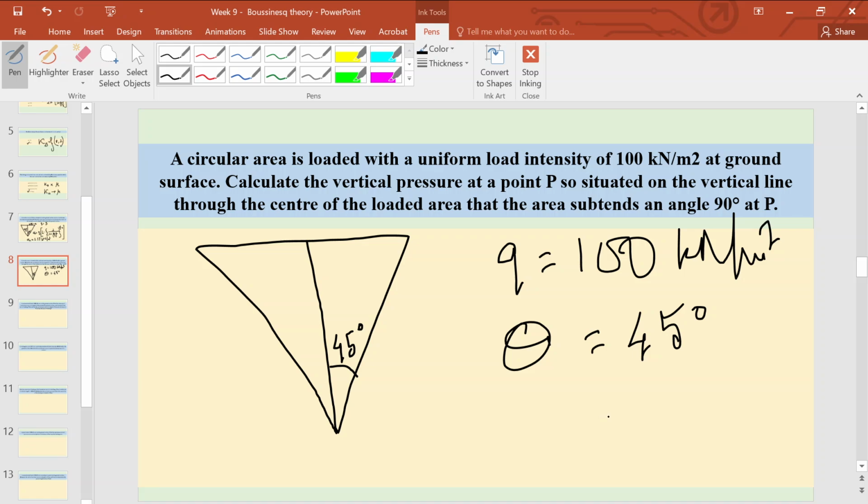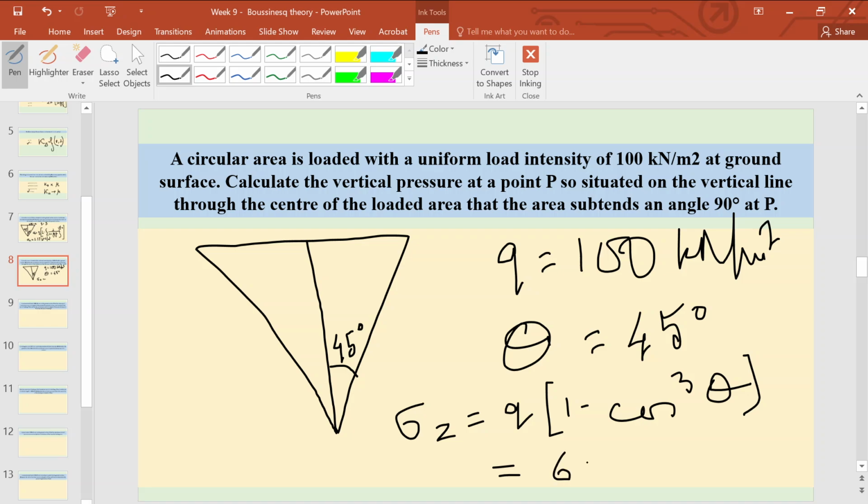So now sigma z equals q into 1 minus cos cube theta. Put the values in this equation, you will get approximately 64.6 kilonewton per meter square.